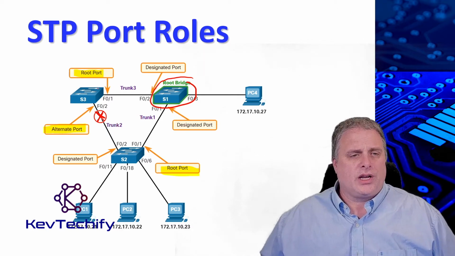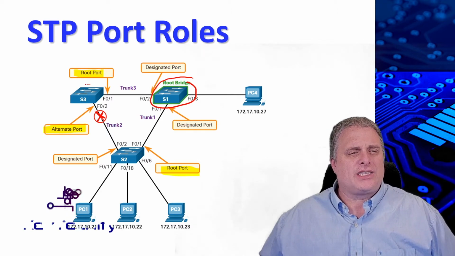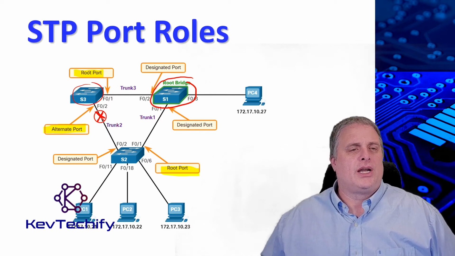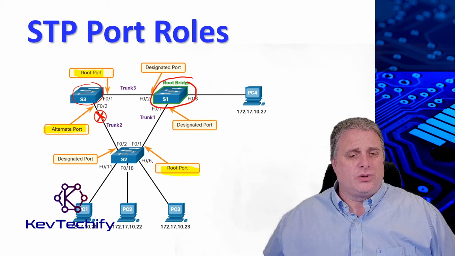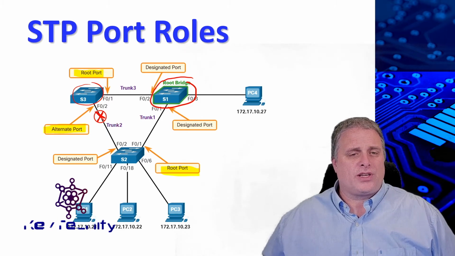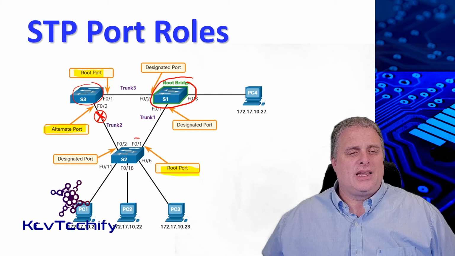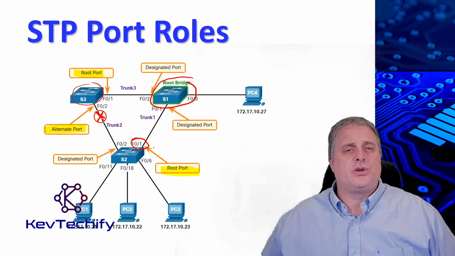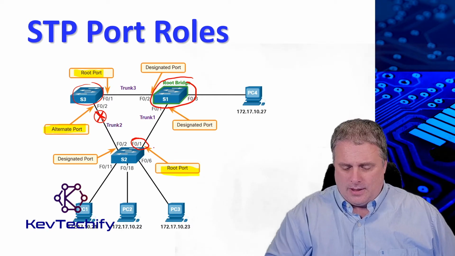And so if we look here at S3, which port is closest to the root bridge? That gives us our root port. So on switch 3, that's Fast Ethernet 0/1, which is directly connected to the root bridge. Down here on S2, the root port is this port that's directly connected to S1. So this here, F0/1, is the closest port to our root bridge. So those are our two root ports.